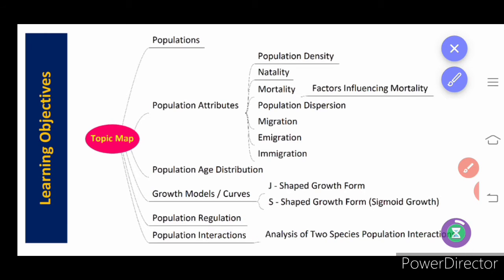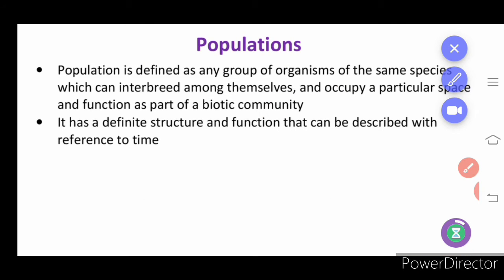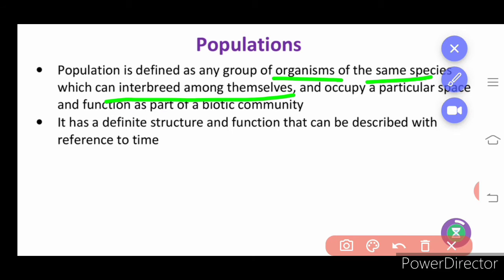Okay, so first we will start with the definition. It is any group of organisms of the same species, okay, interbreed among themselves and occupy a particular space. Here you should know any group of organisms of the same species occupying a particular place.